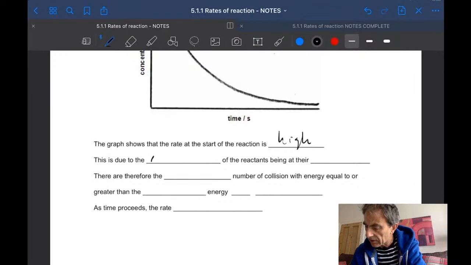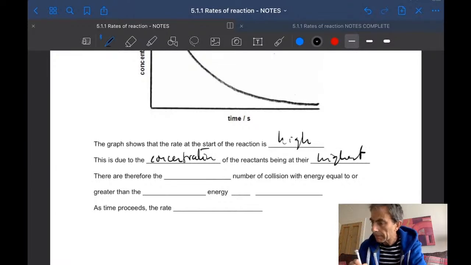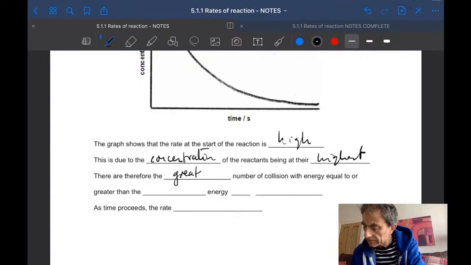That's due to the concentration of the reactants being at their highest, and therefore there are the greatest number of collisions, there should be an s there, sorry, collisions with energy equal to or greater than the activation energy per second.